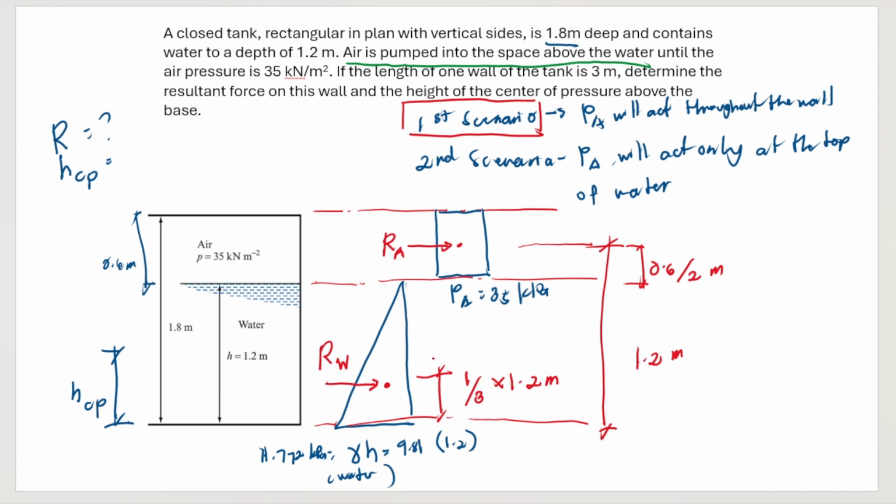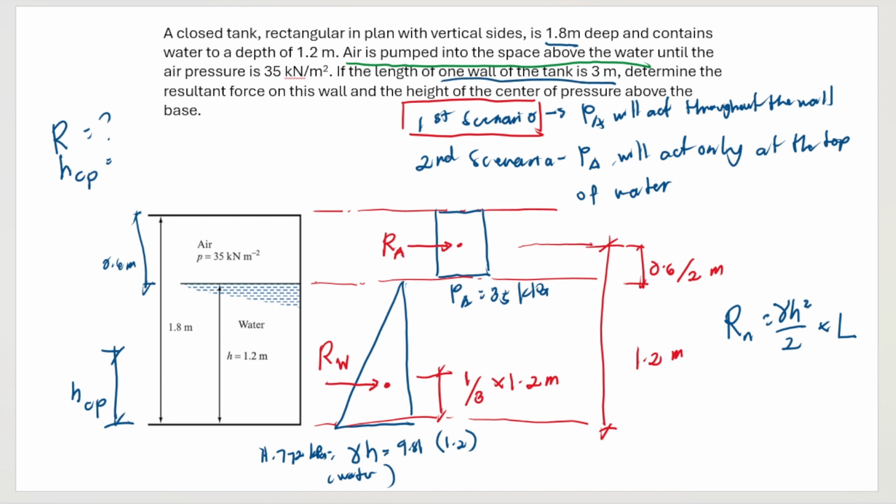Now, the question is, since we are dealing with the resultant force, and we know from the pressure diagram formula, let's have a quick recap: that R for certain fluid, water, mercury, or whatever it is, is gamma H squared over 2. Remember, this is per unit width or length. If we want the resultant force without the per unit length or width, we should multiply this by the length or width we are looking for. In this case, the problem states that the length of one wall of the tank is 3 meters.